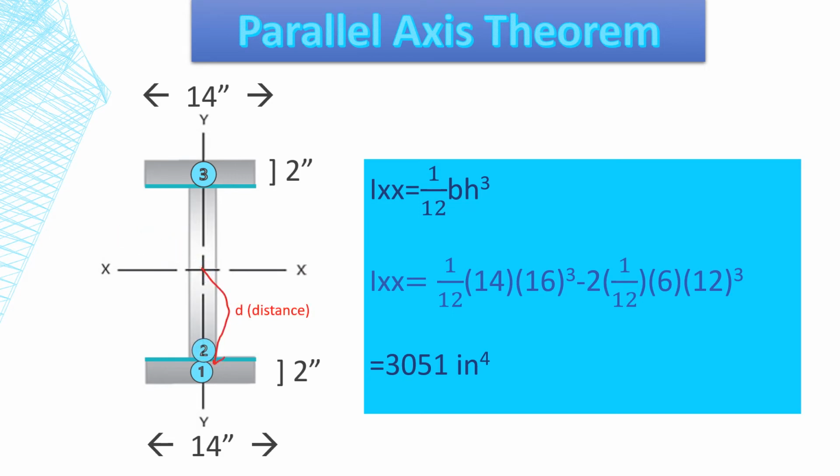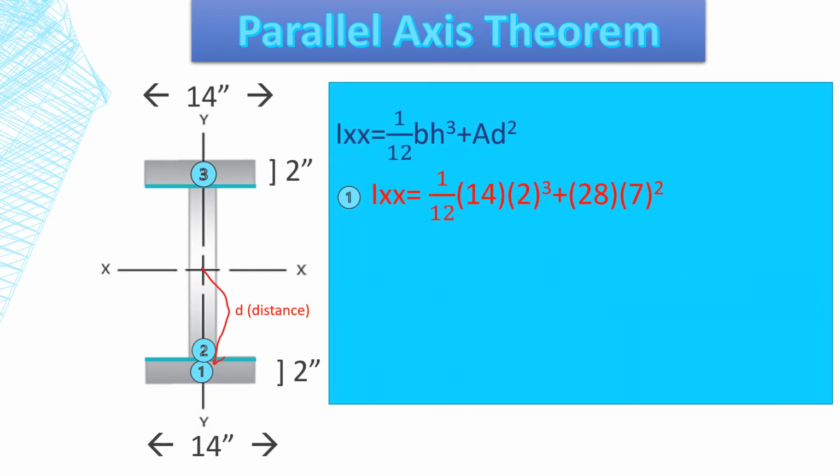We moved 2 to 1 since 2 was on the neutral axis, and now we're going to use the parallel axis theorem to transform the number 2 centroid to the 1 by some distance, and that's why the distance is labeled on there.